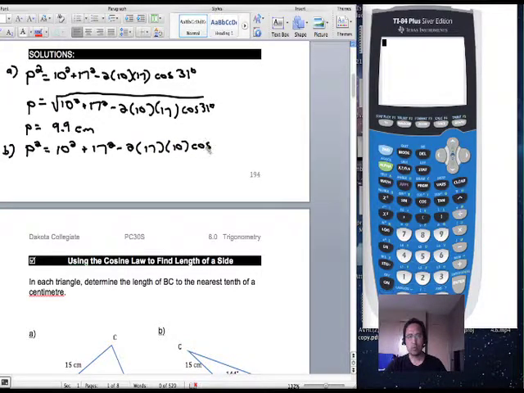This will be cos 131. And you know that you're just going to take the square root of this side, so we can just give the solution for P on this one, 24.7 centimeters. A couple of things about these calculations is that you can put the whole thing underneath the radical sign. Just make sure you put a bracket after the cos 31 or 131, and it'll calculate it for you.